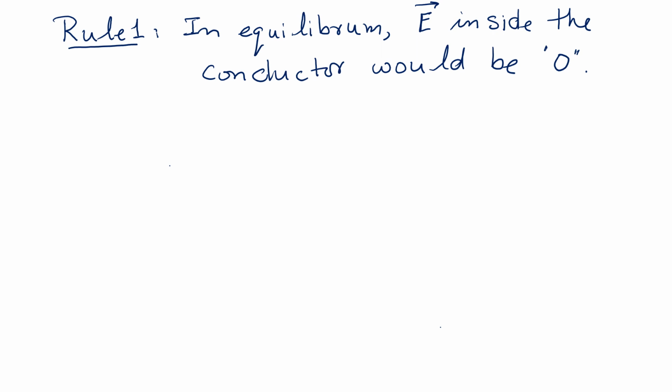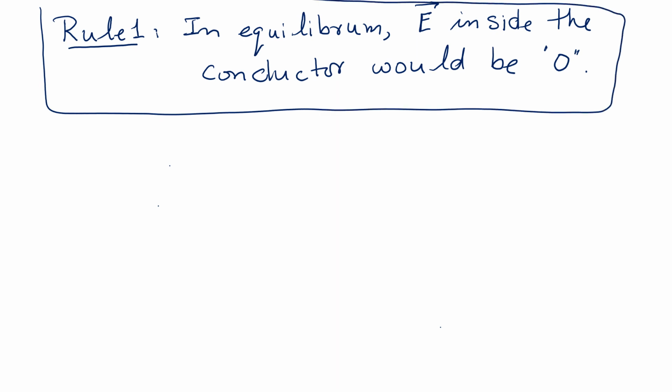This field includes the external field and the induced field you have created, which is induced by that external. But the sum of those has to be zero. Thus, the electric field inside the conductor has to be zero. That makes your first important rule. And at least for conductors without resistances, this rule would always be obeyed. You can never break this rule.